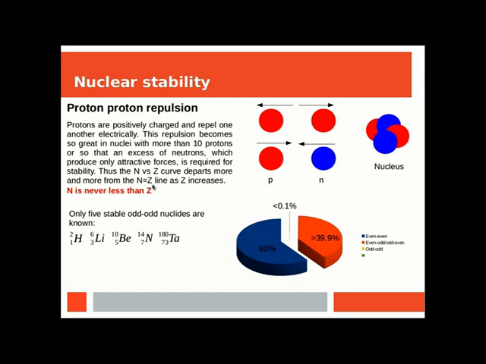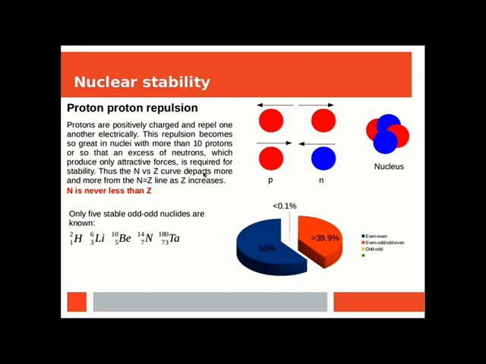N equal to Z is not true in case of heavy nuclei. An extra number of neutrons are required, and the most important thing is that it is never ever seen that N is less than Z. Number of neutrons can never be less than number of protons.